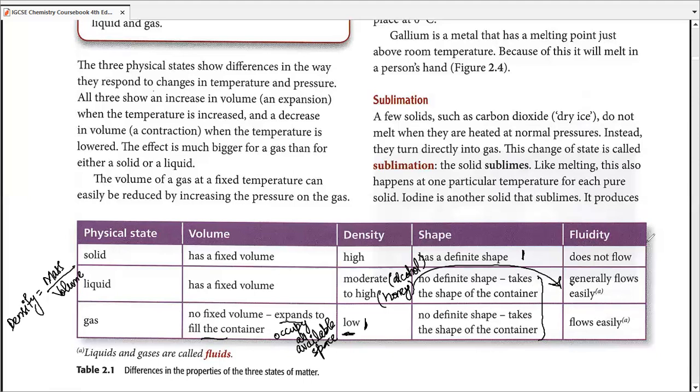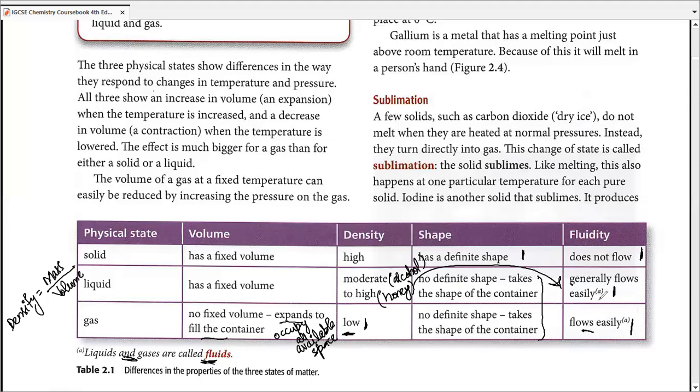All right. So moving on, fluidity, and we know gases and liquids are commonly called fluids because they can flow. So the solid does not flow, liquids flow easily, and gases flow more easily than liquids, right?